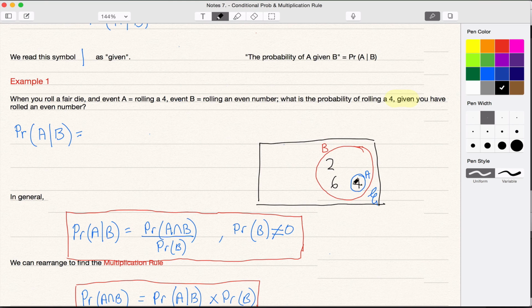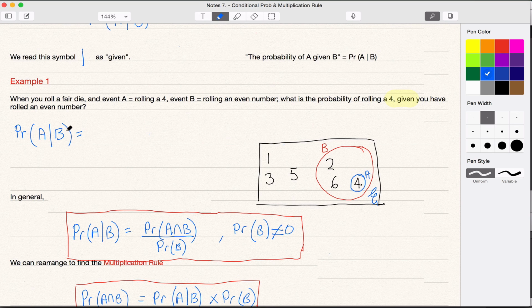And you can see A is a subset of B. These conditional probabilities work when one event is a subset of another event. B includes everything inside the red, which is 2, 6, and 4, all the even numbers. All the other numbers go in the universal set, 1, 3, and 5. So we should have 1, 2, 3, 4, 5, 6. We've got all of them there. Those are all the possible outcomes when we roll a dice.